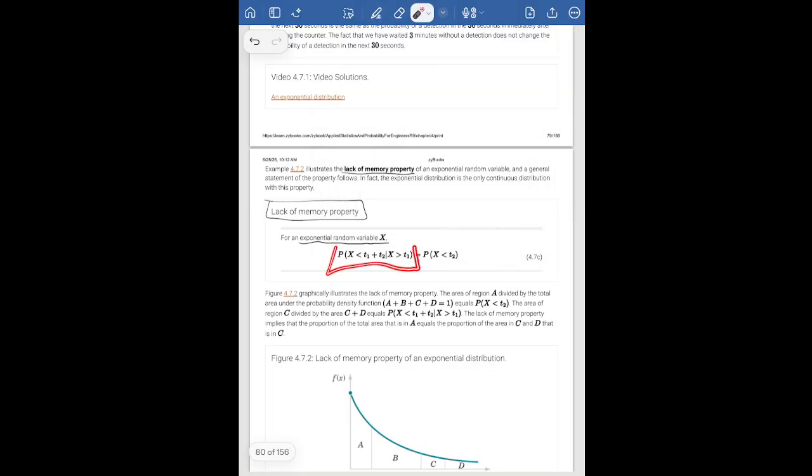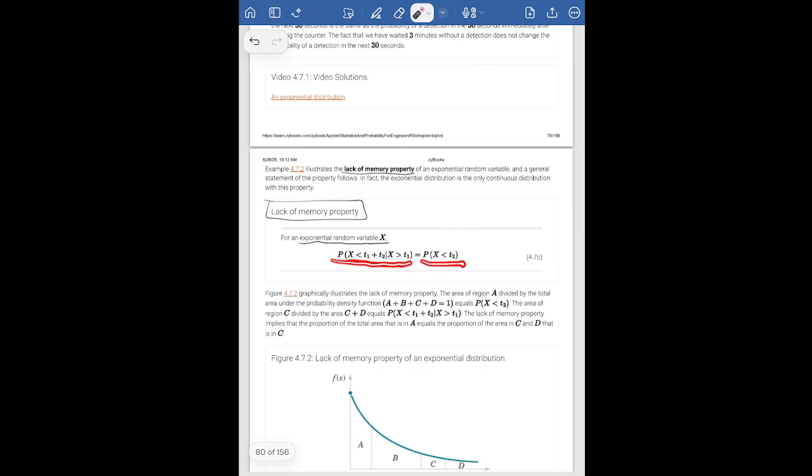Whenever you have this relationship here, it turns out that if you're looking at the probability that x is going to be less than t1 plus t2, and you know that x is given to already be greater than t1, it's the same thing as looking at the probability of x being less than t2.